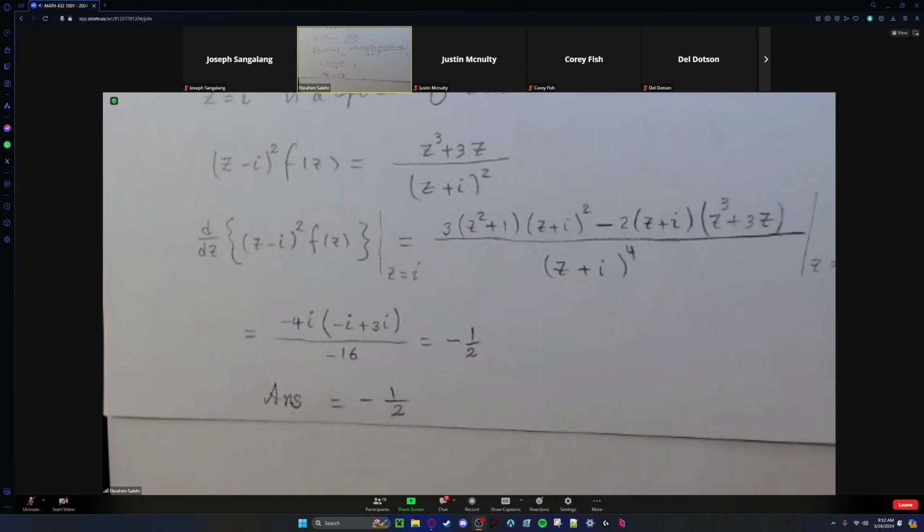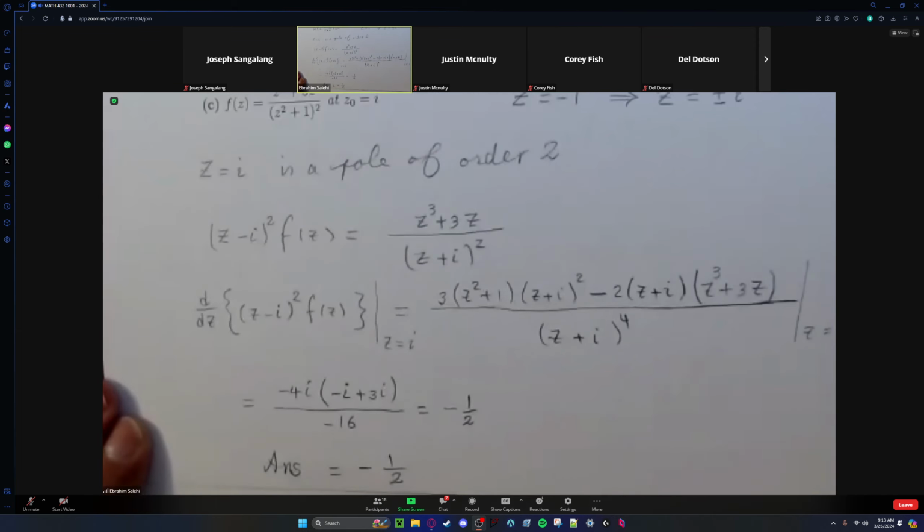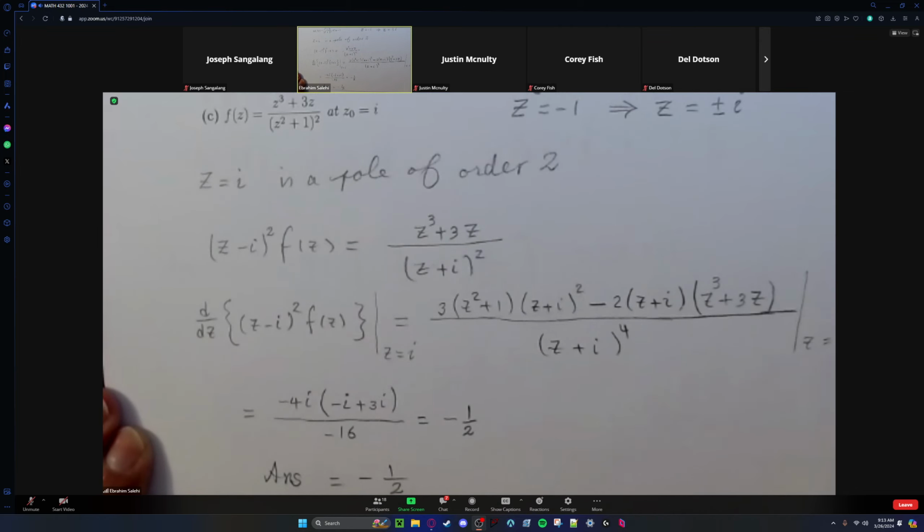So, yeah, for simple poles, it's easy. We have 3 different ways, but for pole of order 2 and higher, you have a formula that you need to use. And this is how we do it for pole of order 2.